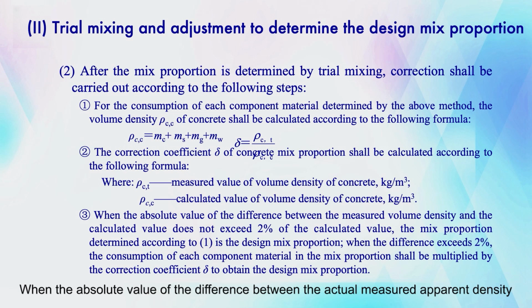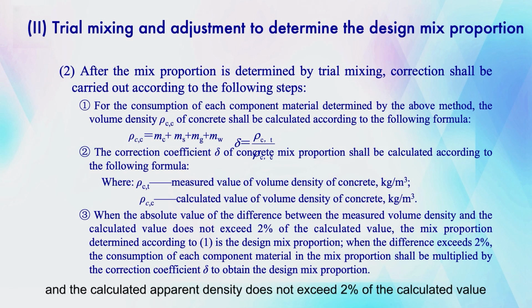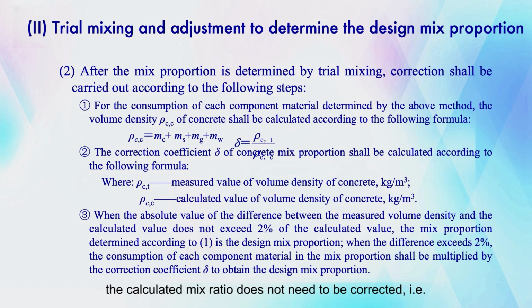When the absolute value of the difference between the actual measured apparent density and the calculated apparent density does not exceed 2% of the calculated value, the calculated mix ratio does not need to be corrected, i.e., it is the laboratory mix ratio.